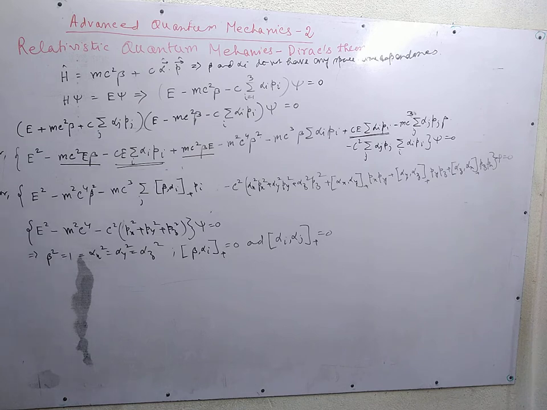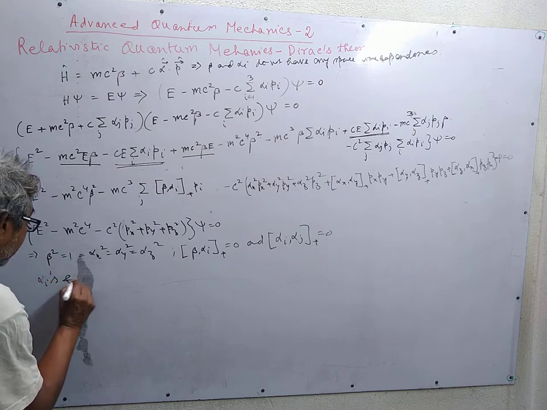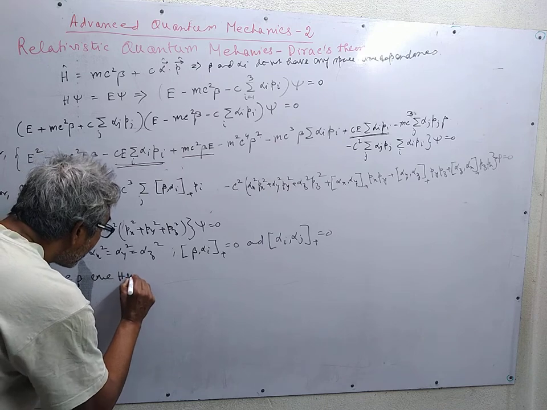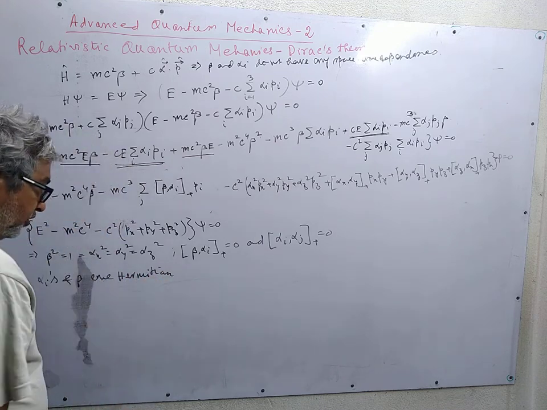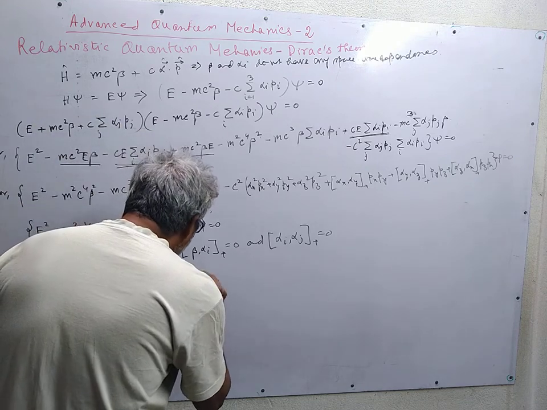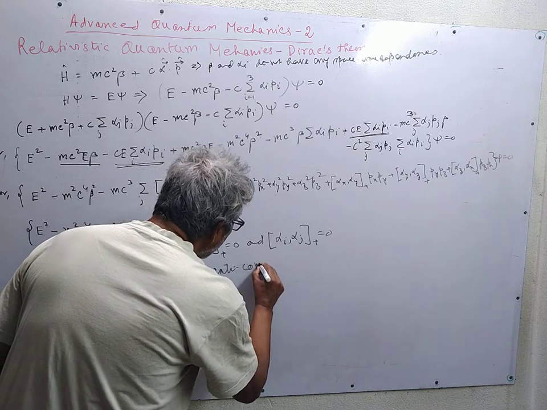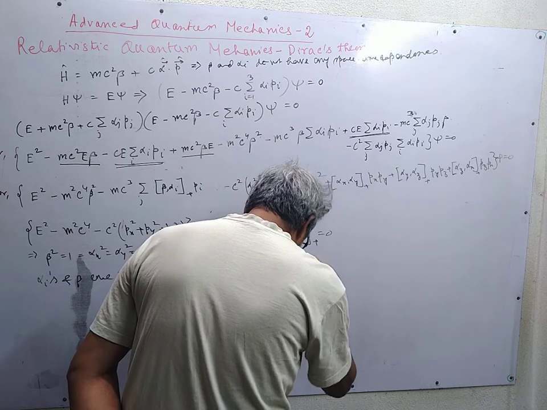So the alpha i's and beta are Hermitian and anti-commute in pairs.